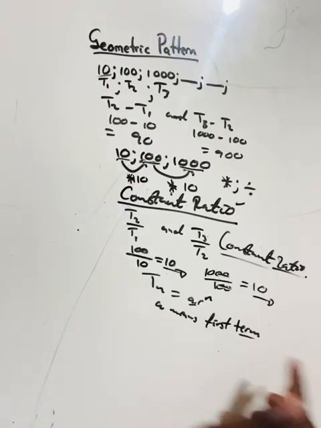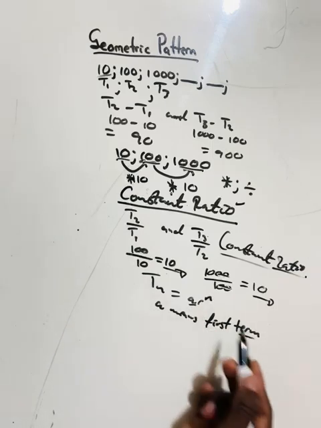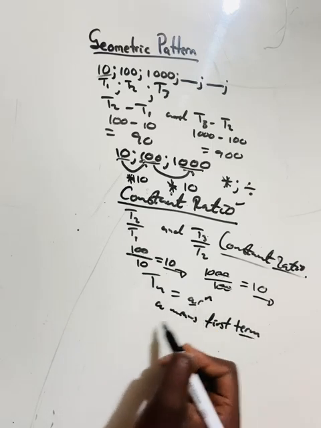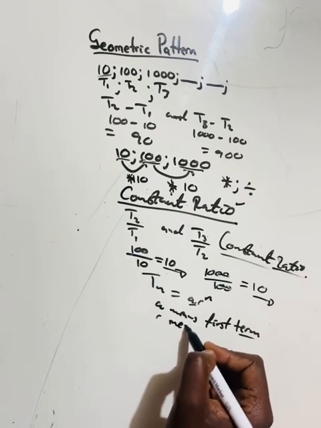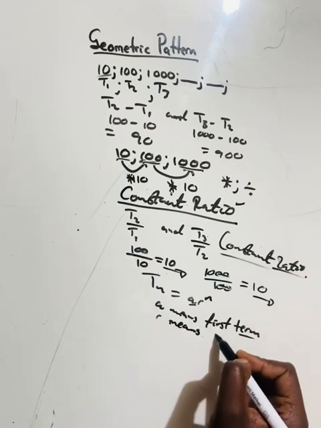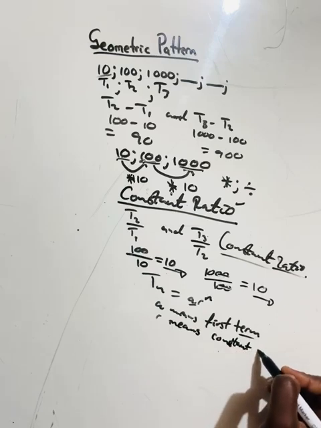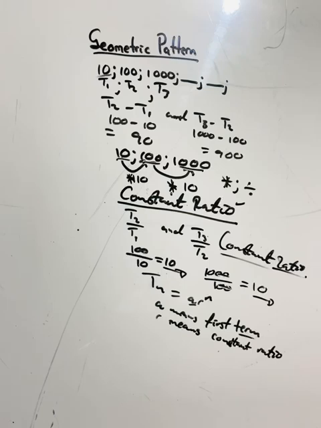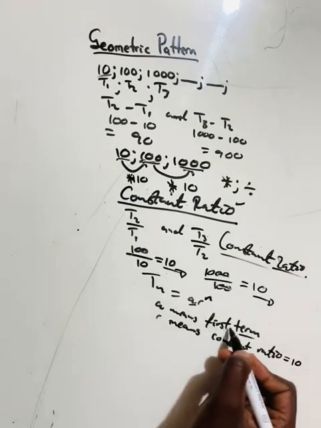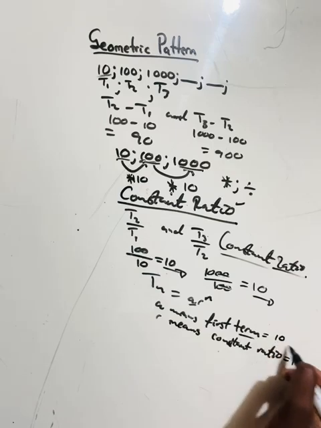So here we have 10. Our A is 10. Then the letter R represents what? It means constant ratio. And in this instance, we found out that our constant ratio was 10. And our first term is also number 10.